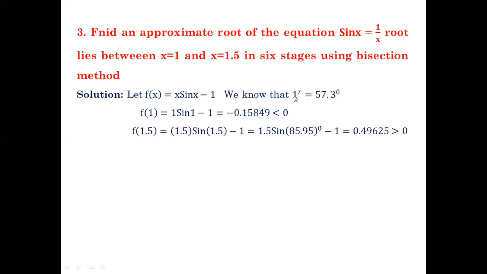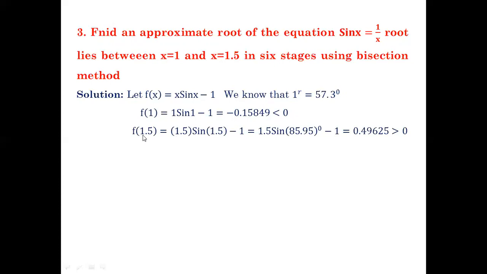So, we know that 1 radian is equal to 57.3 degree. Therefore, f of 1 is equal to 1 sin 1 minus 1. You find sin 1 in terms of radians. You get minus 0.15849, which is negative, less than 0.